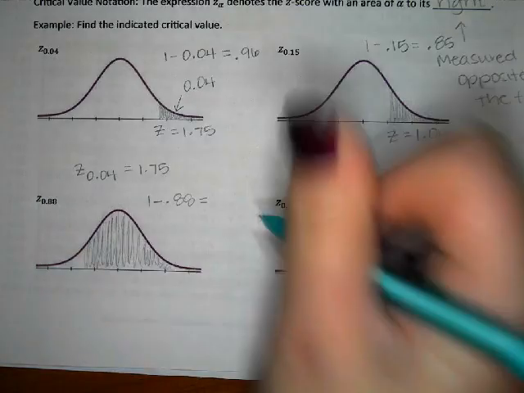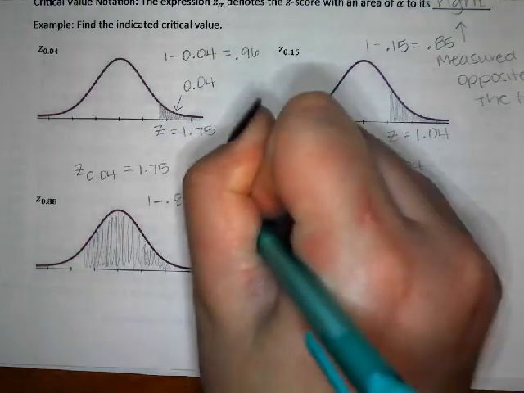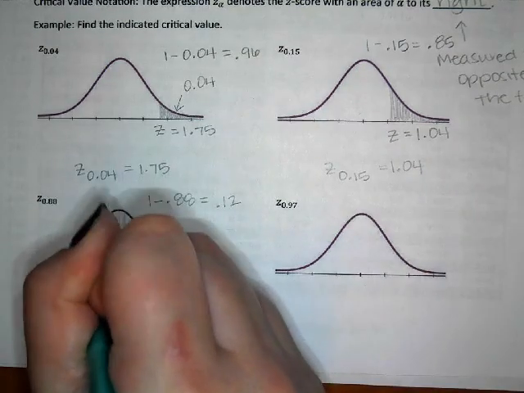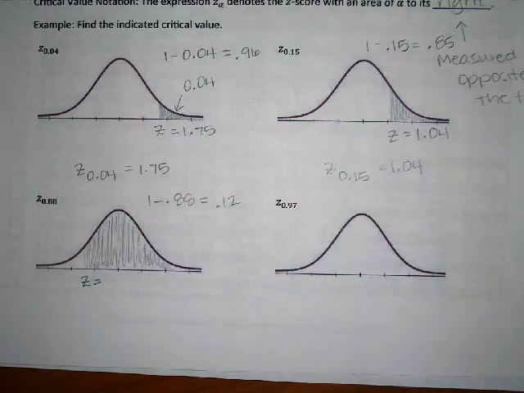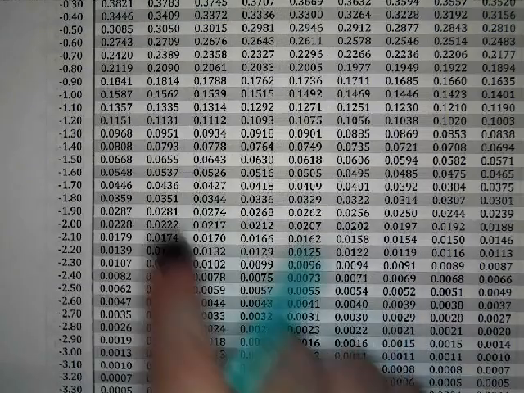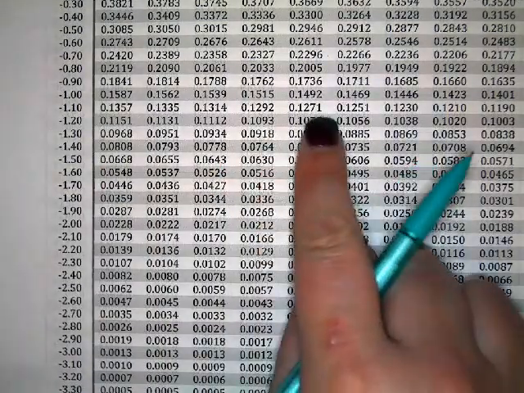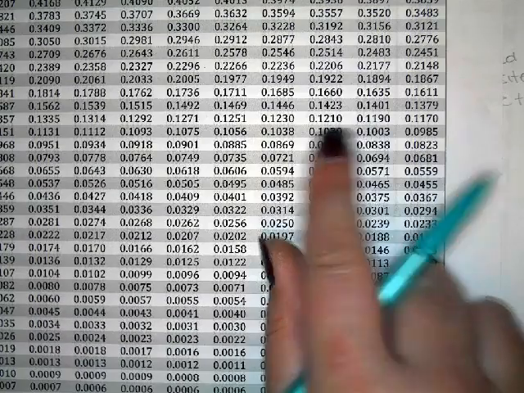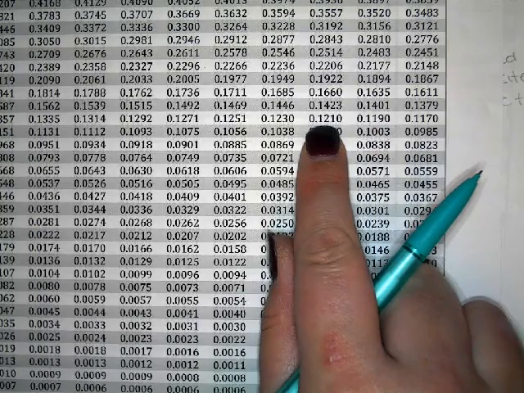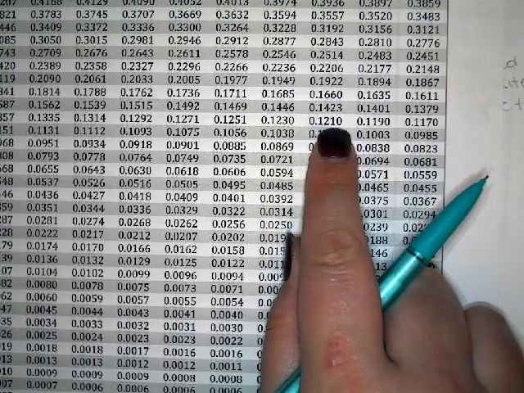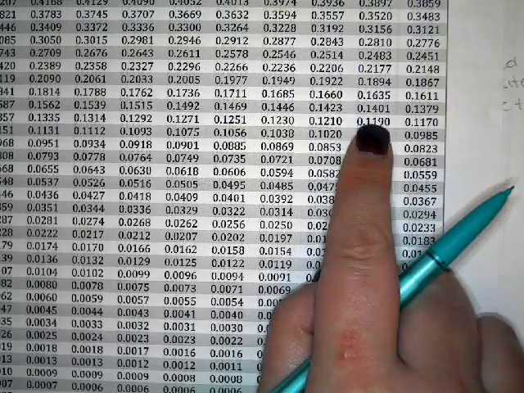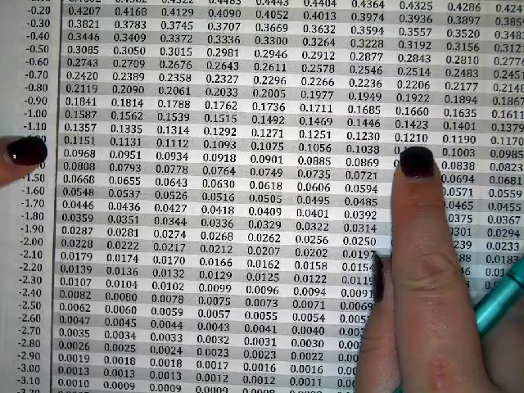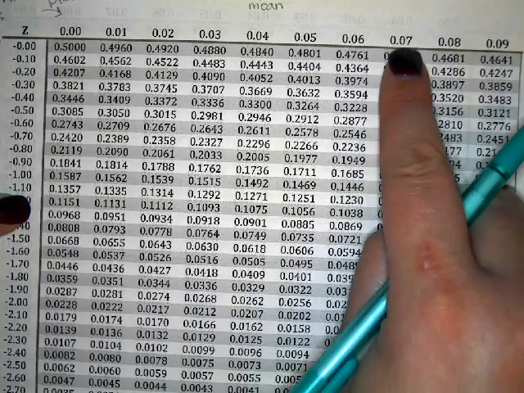I'm looking for this z right here. And these ones are equal on either side, so 1,000th above, 1,000th below. So I've got negative 1.17 and negative 1.18. So I'm going to split the difference and do negative 1.175.